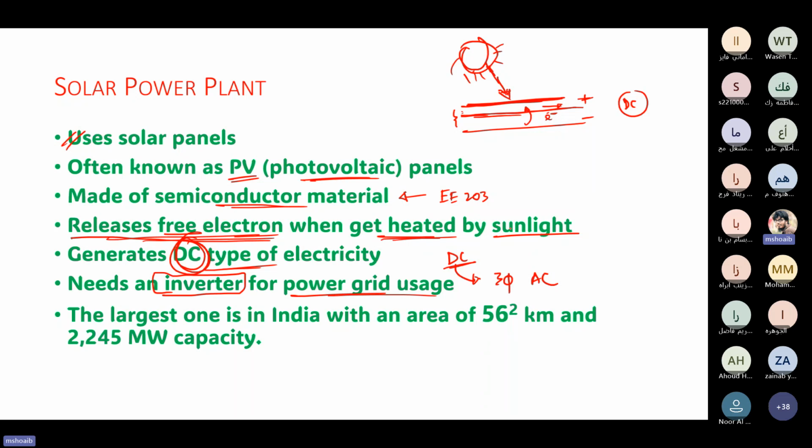So this is the idea. The largest solar-based power plant is in India. It is installed over 56 square kilometers and has 2245 megawatt capacity. But some other countries are making even larger power plants nowadays.